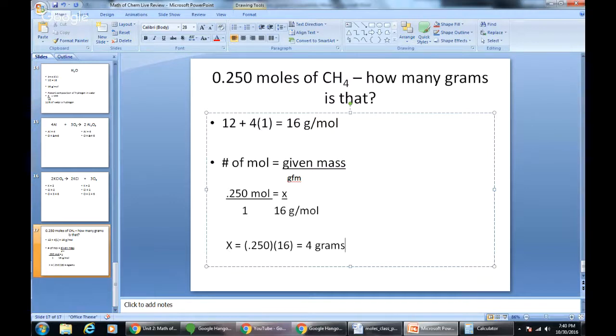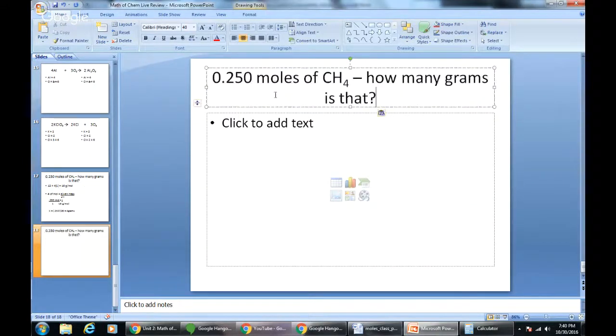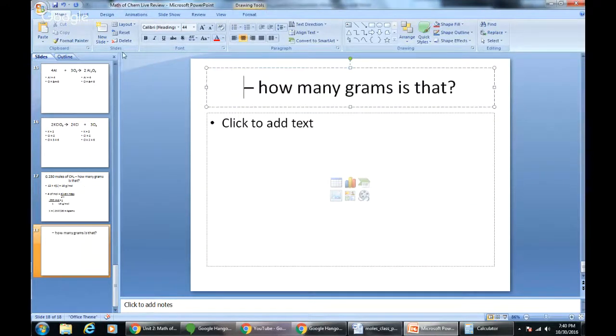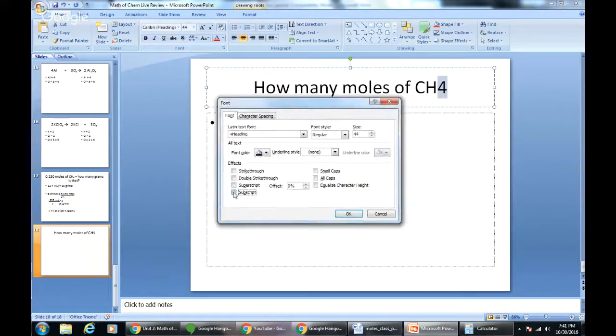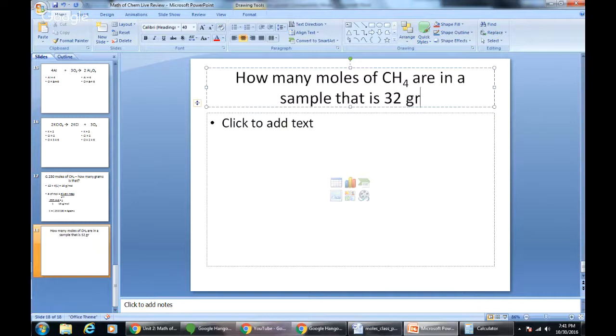All right. Can we go backwards? Grams to moles? All right, so I'll take the same question. How many moles of CH4 are in a sample that is 32 grams?